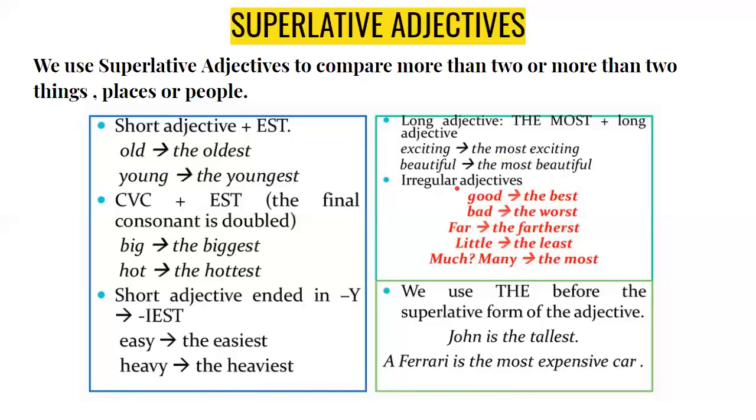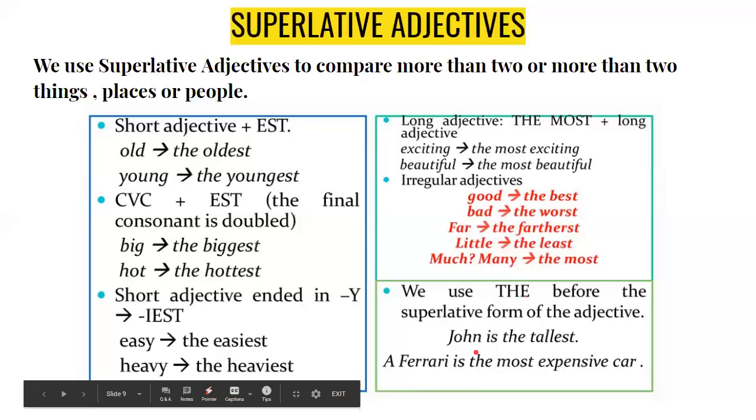And last but not the least, we have those irregular adjectives: good changes to the best, bad the worst, far the farthest, little the least, much or many the most. And this adds the before the superlative degree.